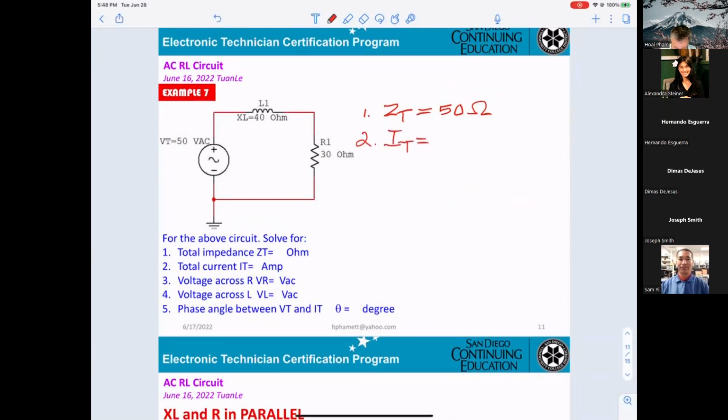You know the formula will be V total divided by Z total. 50 divided by 50, you get 1 amp. Number 3, VR: I times R. 1 amp times 30, you get 30 volts.